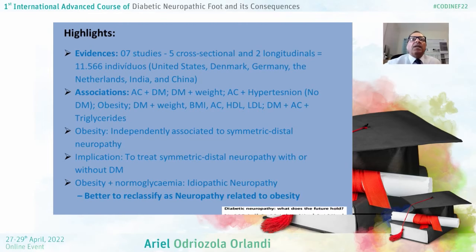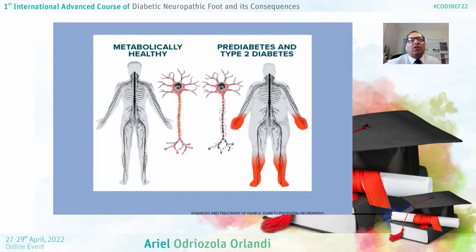But obesity is independently associated with symmetrical distal neuropathy, so it is necessary to think about reclassifying a cause of neuropathy related to obesity, because without diabetes, patients who have obesity may have small nerve fiber lesions. In metabolically healthy individuals, mitochondria produced in the neuron cell body travel down the axons, providing energy for normal axon function.